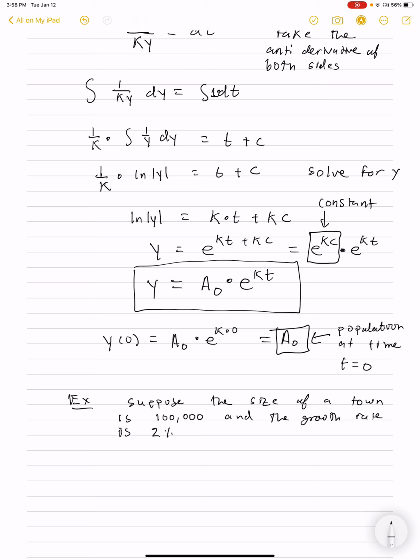And that's equal to 0.02. So we have to express everything in terms of a decimal. And the question is this: what is the population of the town in 10 years?